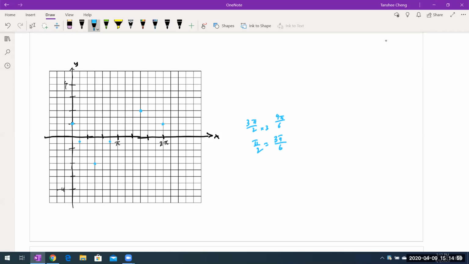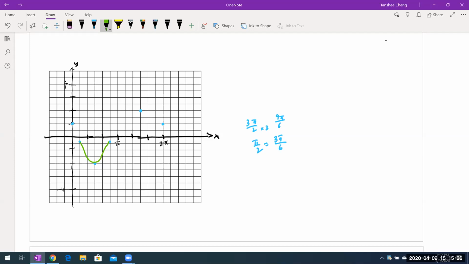Then from our graph that we did before, my concavity is concave upwards from pi over 6 to 5 pi over 6. So my concave up will be from here all the way to 5 pi over 6.